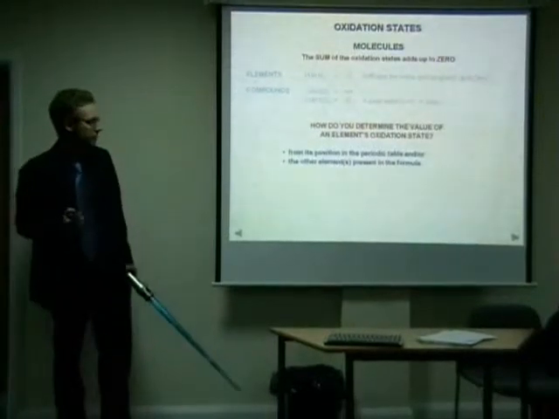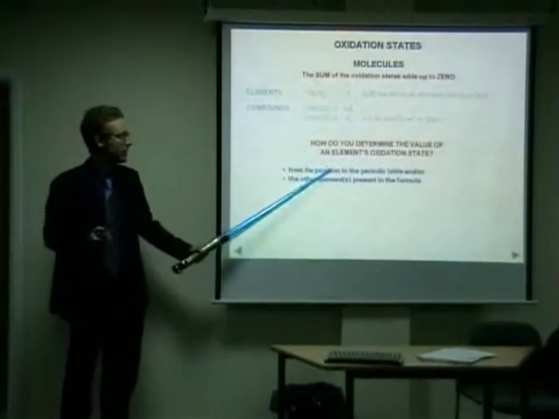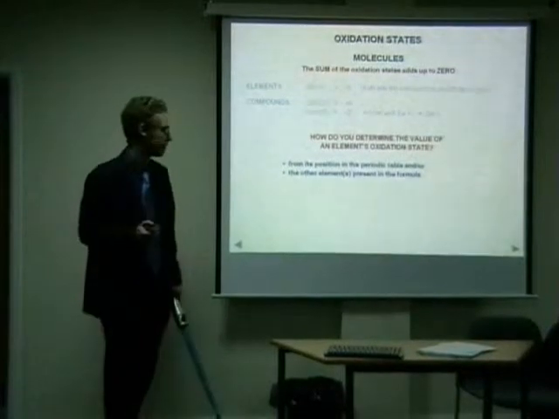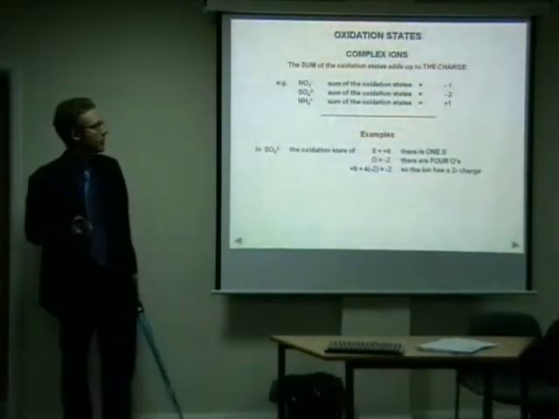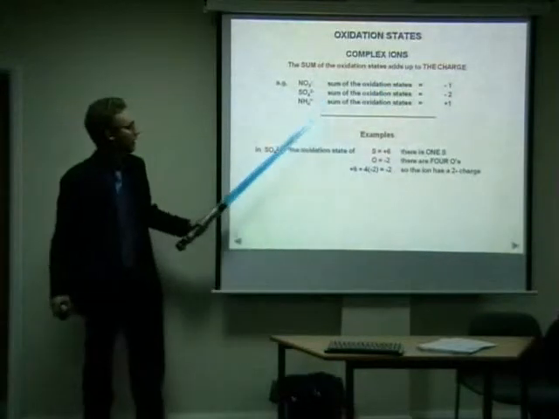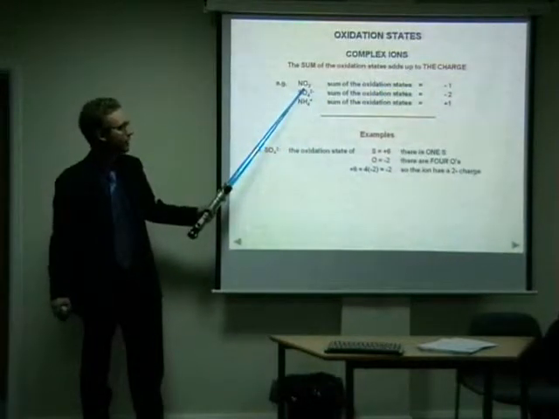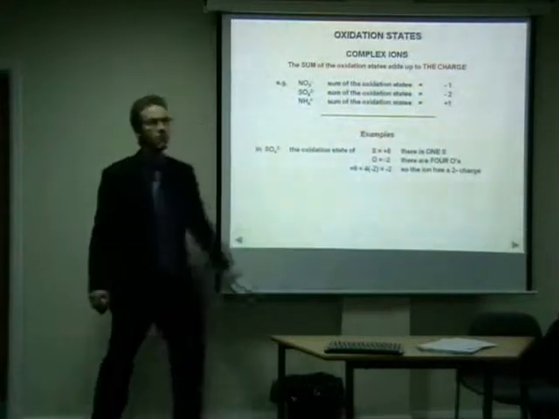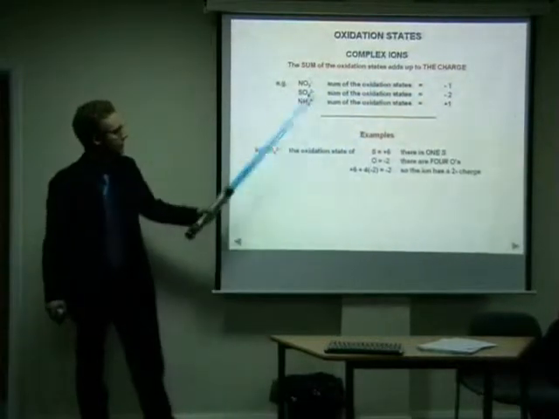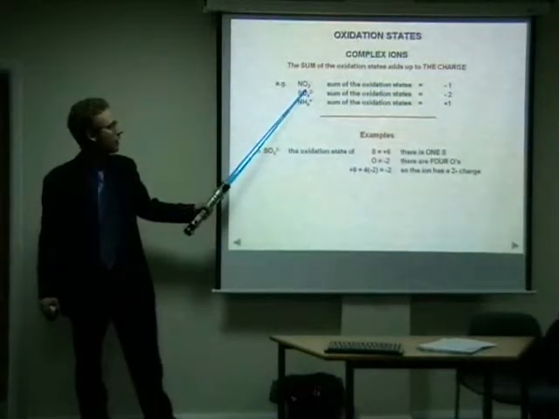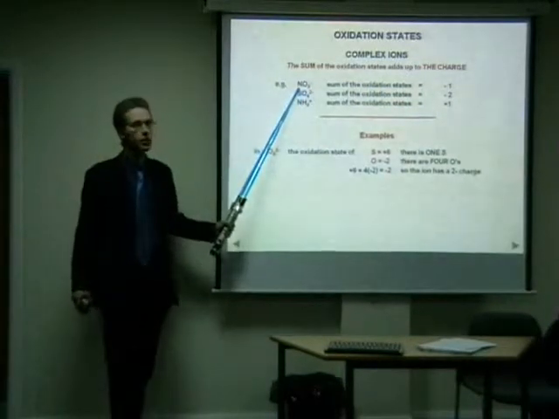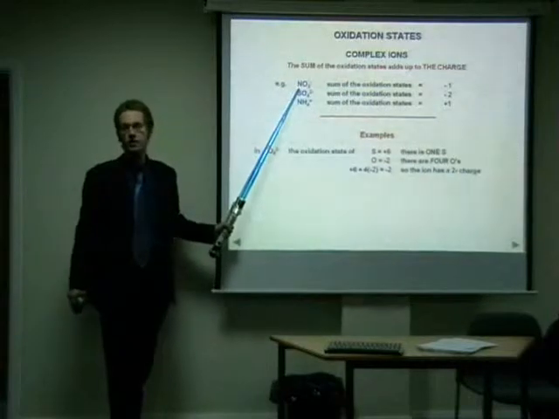So, very simply, it's based on the position in the periodic table. There are some that you're expected to know. So, in NO3-, the sum of the oxidation states is -1, because that's the charge on it. We said that oxygen's -2. Anyone want to yell out what the answer is then? What's the oxidation state of nitrogen there?